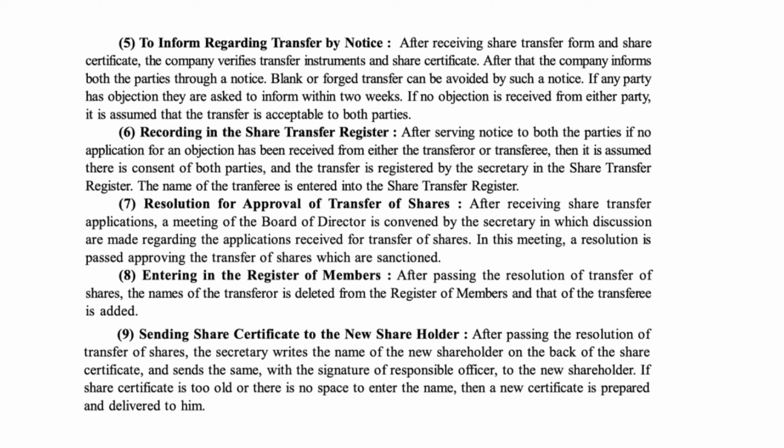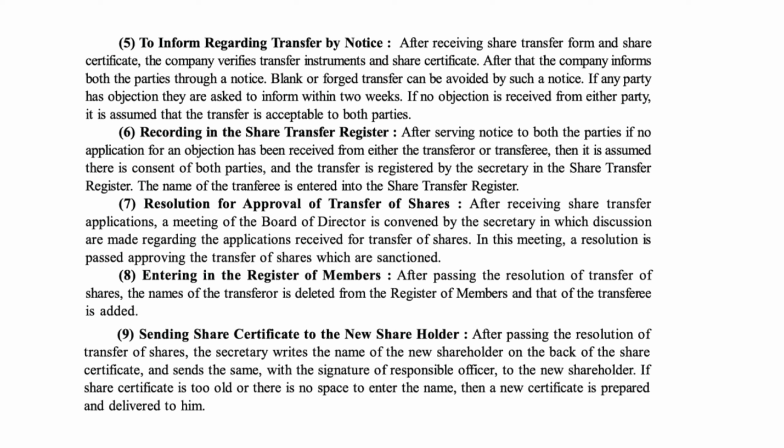The seller and the purchaser get 14 days to raise an objection after receipt of this notice. Suppose within 14 days no one raises an objection and the company has not received any correspondence, then the company will proceed further.